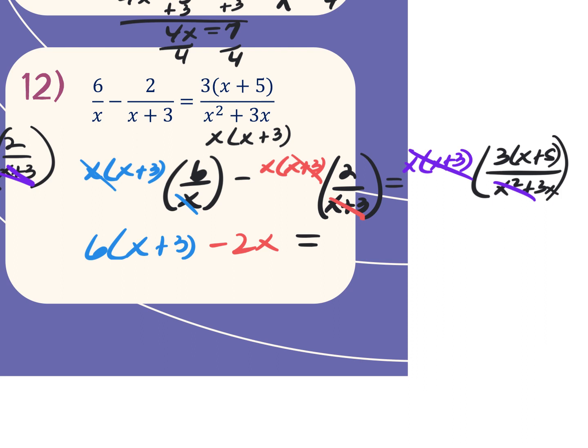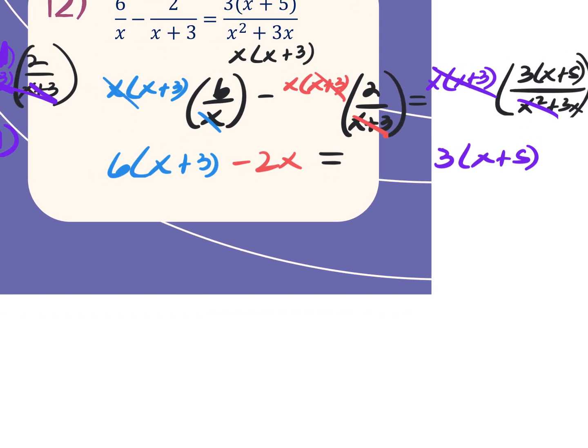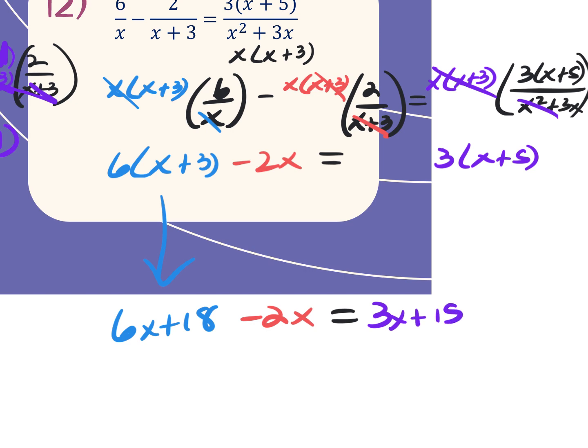So then you're just left with what was originally there, the 3 times the x plus 5. So I have to distribute the blue and the purple. So let me just bring it straight down so it's not in the color. 6x plus 18 minus 2x equals 3x plus 15.